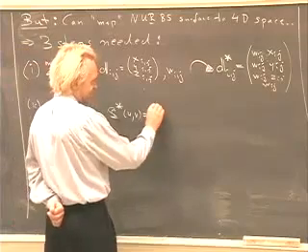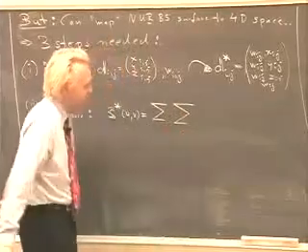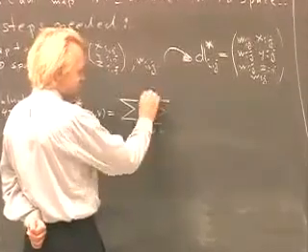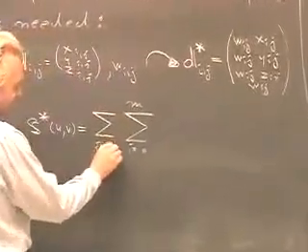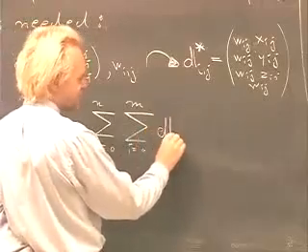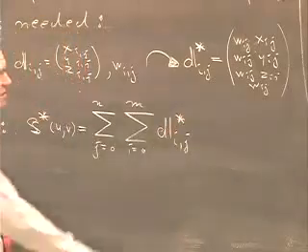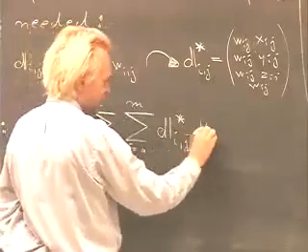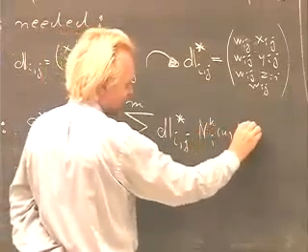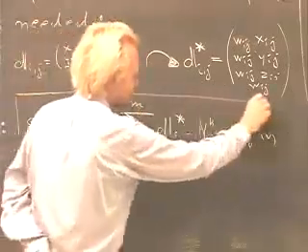And now the definition of a point on this surface, no longer rational, but just polynomial in 4D space, looks like this. It's the sum over i from 0 to m, j from 0 to n, and now it looks like a standard B-spline surface, d_ij star, which has 4 components, multiplied by the basis functions N_ik of u times N_jl of v. And that is this important embedding step.